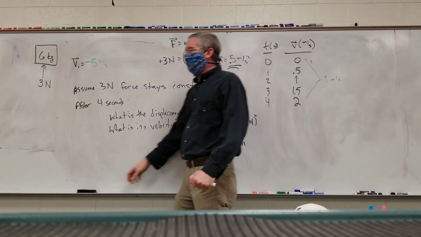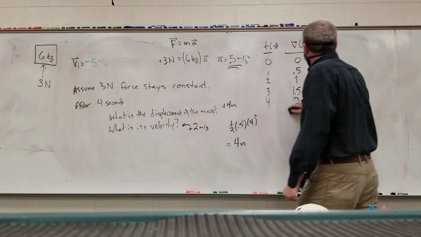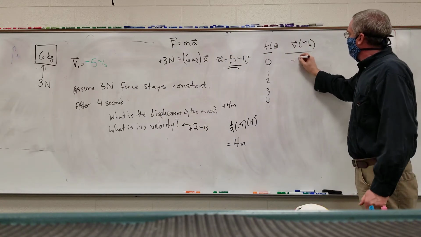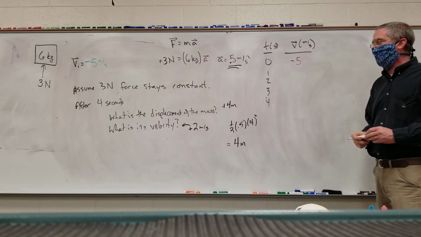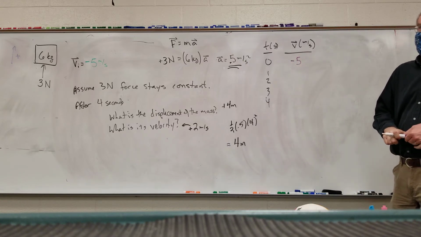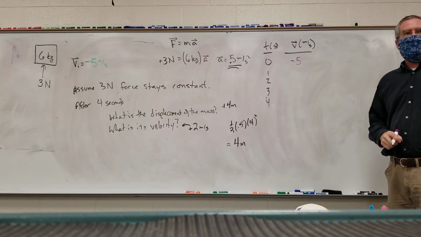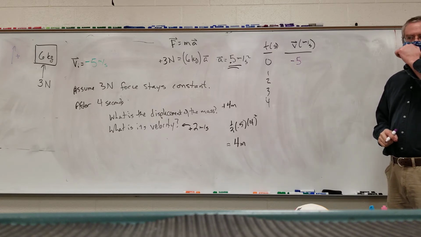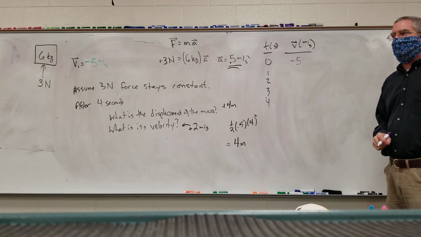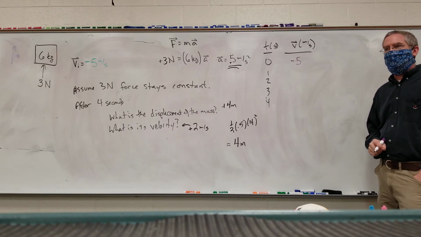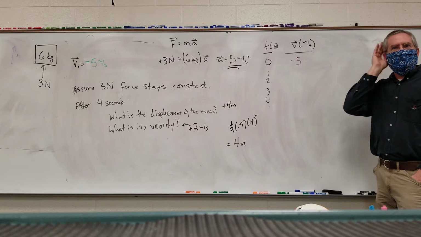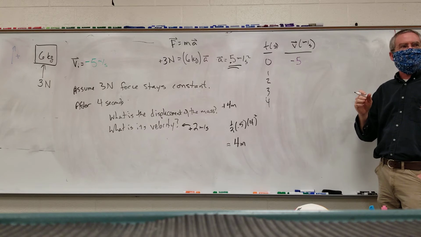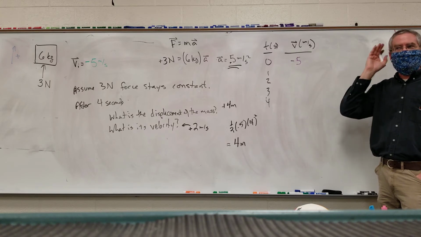So my chart over here changes. So we start out at -5. How fast is it going after 1 second? Sorry, please don't mistake me doing this because you're wrong.